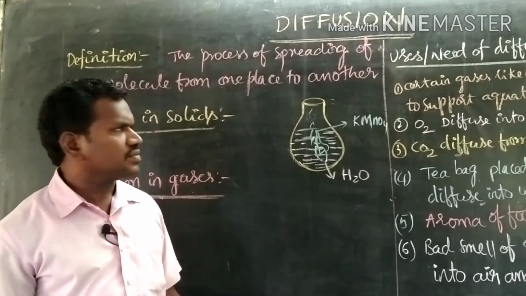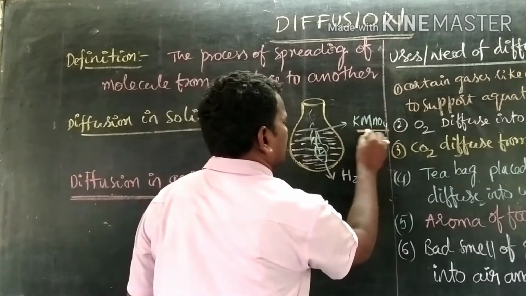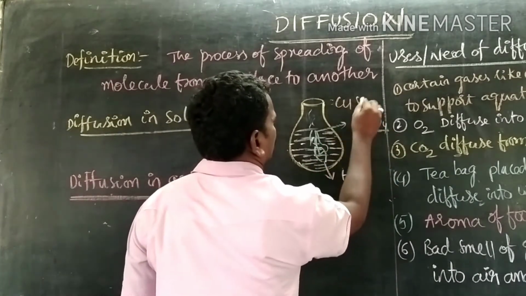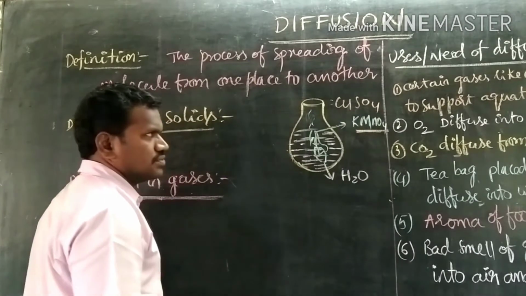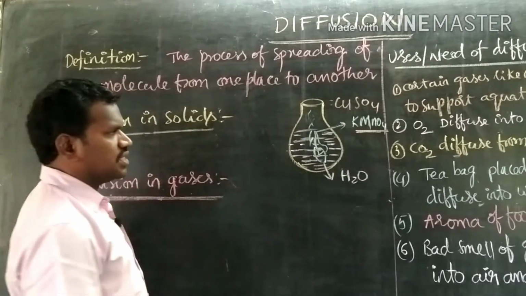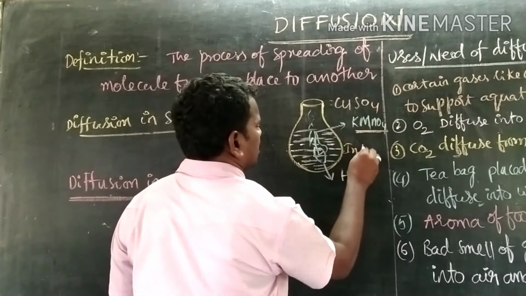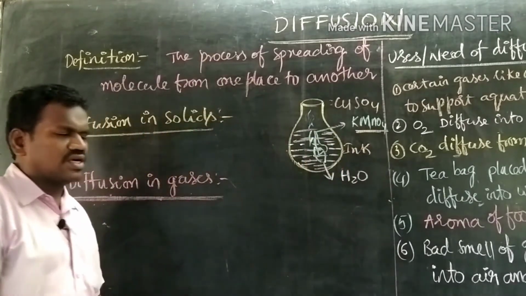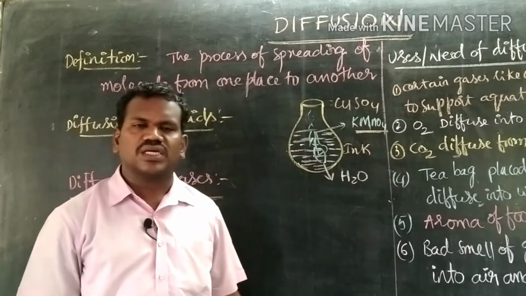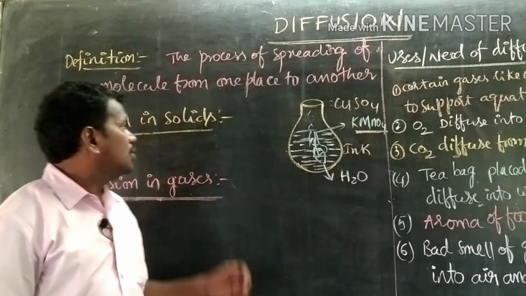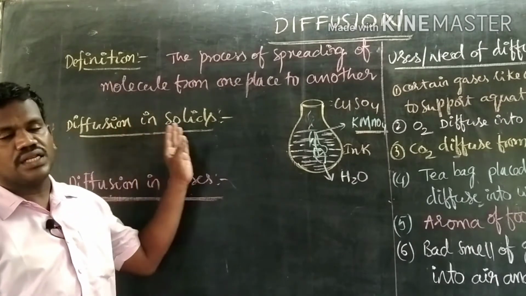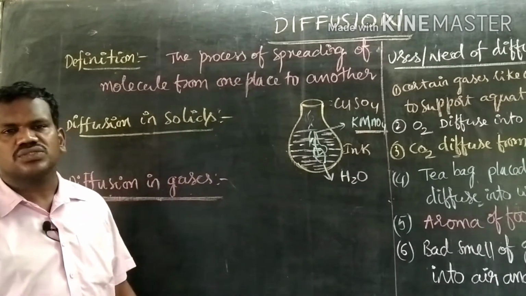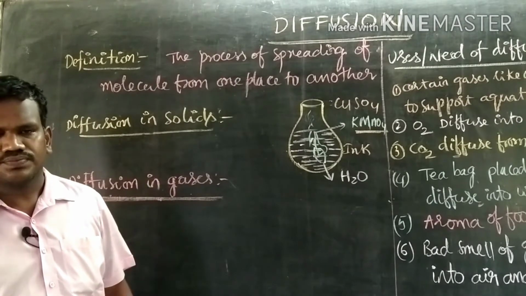Instead of potassium permanganate, KMnO4, we can use copper sulfate, or if that is not there, we can simply use ink. Whatever it may be, we can study the properties of diffusion in solids. Let us do that activity now.